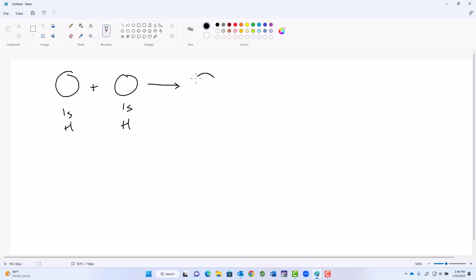So atomic orbital theory says that these two orbitals just overlap, and they don't really do anything else. The electrons are localized to the individual hydrogen atoms. However, molecular orbital theory says that there's going to be mixing. There's going to be constructive interference where these two orbitals overlap. So this is actually going to get much larger in the middle, and it's going to kind of trail off at the side.